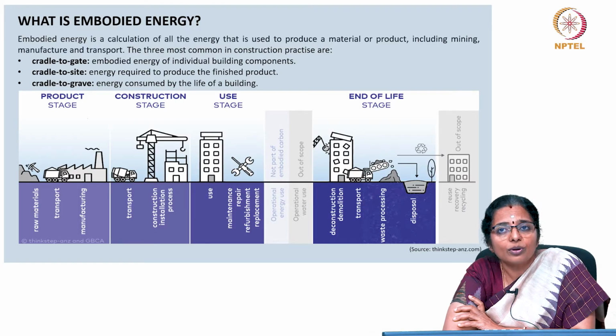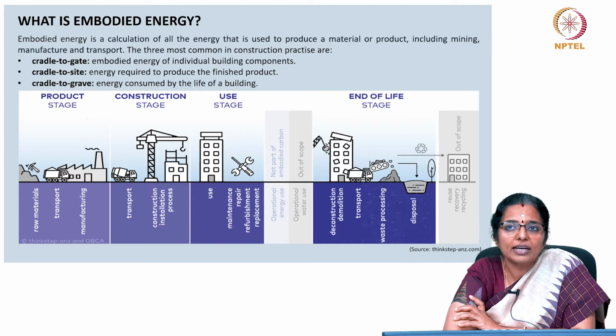The cradle to grave embodied energy life cycle does not include the operational energy required to utilize the final product. In other terms, it does not account for the heating, cooling, lighting and power of any appliances that allow the building to serve its intended function.